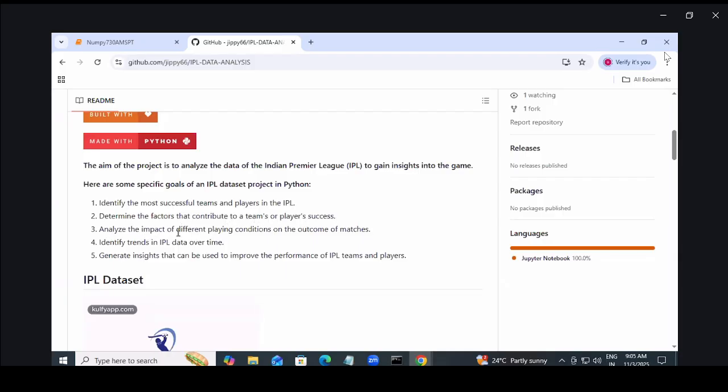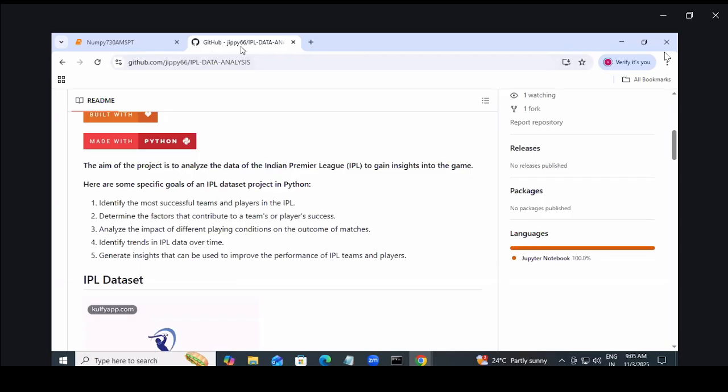Analyze the impact of different playing conditions on the outcome of matches. Identify trends in the IPL data over time and generate insights that can be used to improve the performance of IPL teams and players. So this is the outcome of which one? The IPL dataset project. Understood? Right?